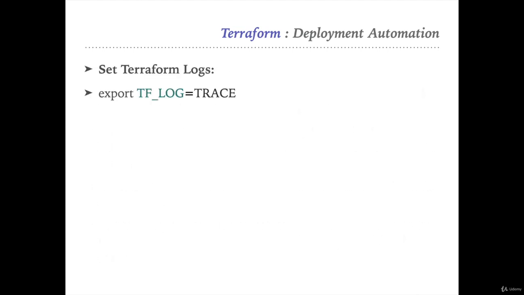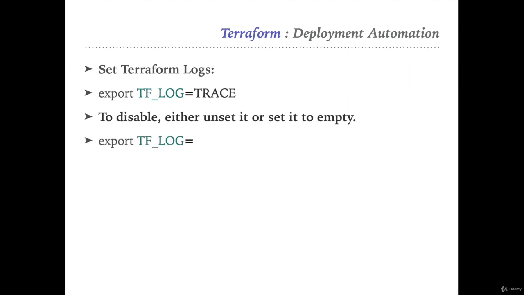This is the simple command: export TF_LOG equals the value. You need to export the environment variable on the machine where you are executing Terraform. To disable, either unset it or set it empty. If you want to disable the Terraform log, you can either export TF_LOG equals empty, or you can simply unset the environment variable called TF_LOG.